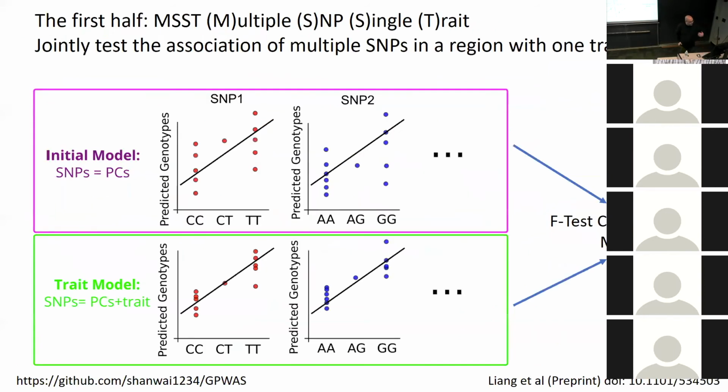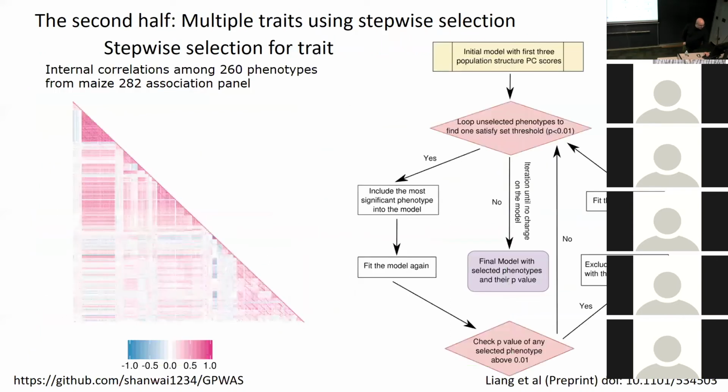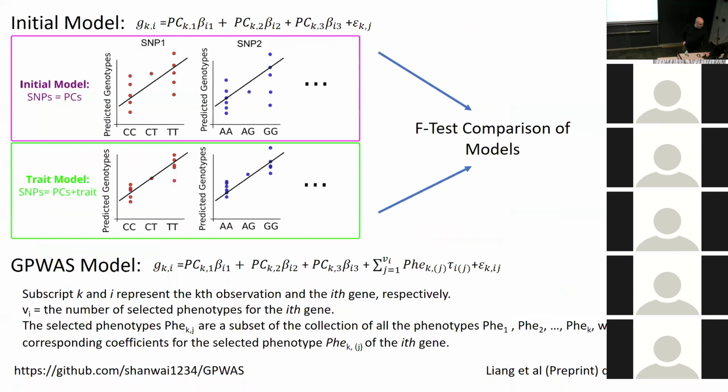The first half of this model is just looking at multiple SNPs, but a single phenotype, and is fitting a very complicated statistical model, which I will be upfront is essentially a black box to me. So I have to trust my statistical collaborator and then test that the results that come out make sense. Go through a stepwise selection procedure to select subsets of all the phenotypes that show a significant signal for that gene.